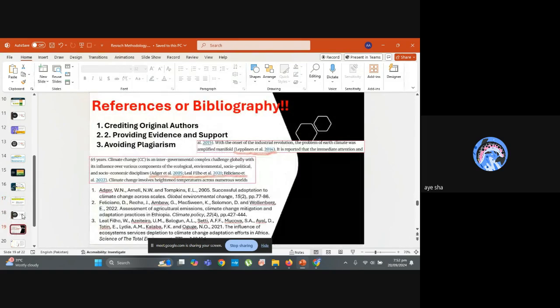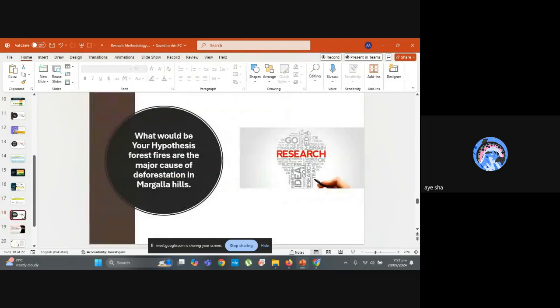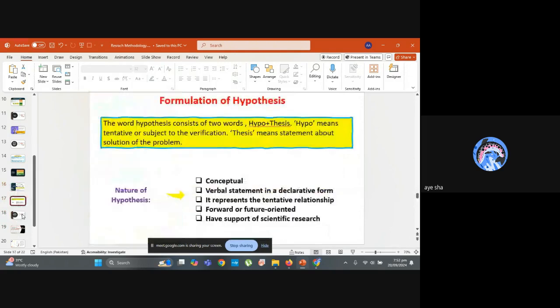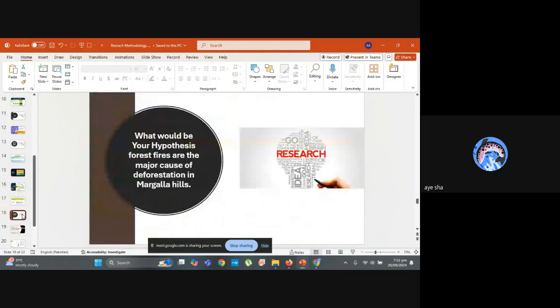Now, you have developed the hypothesis, you have also cited the literature, and in the literature you have also decided what methodology you are considering as your major methodology to conduct your research, whatever your research is.